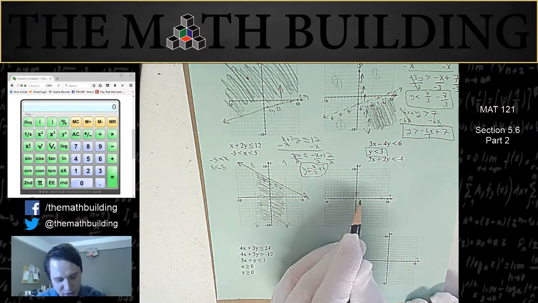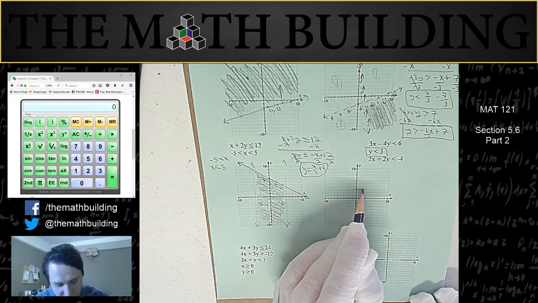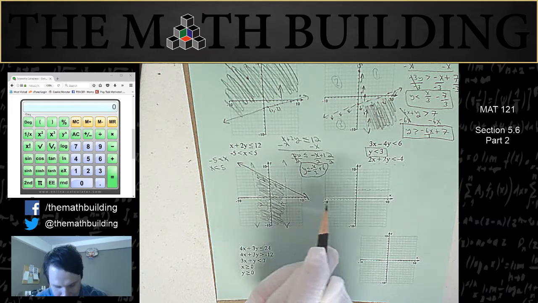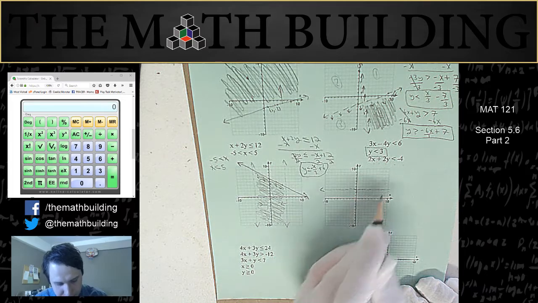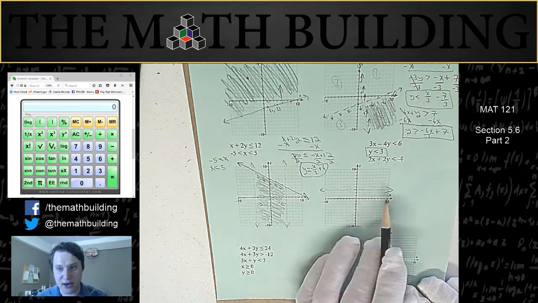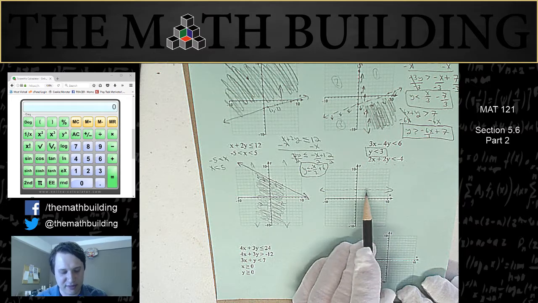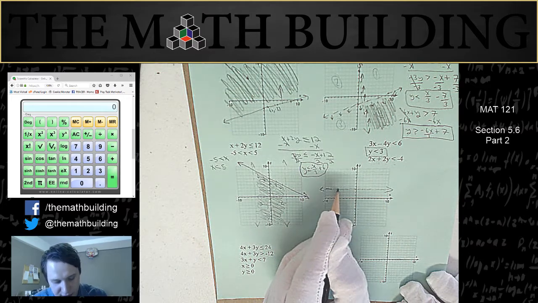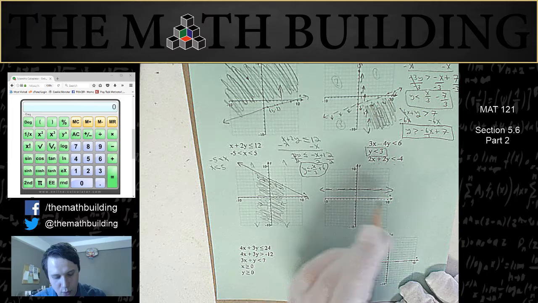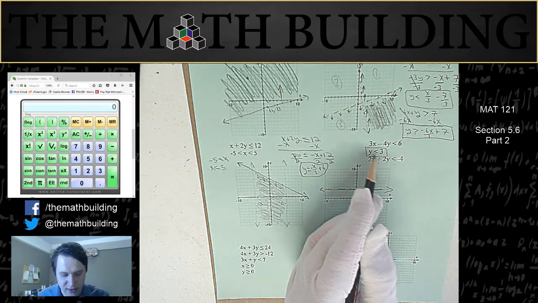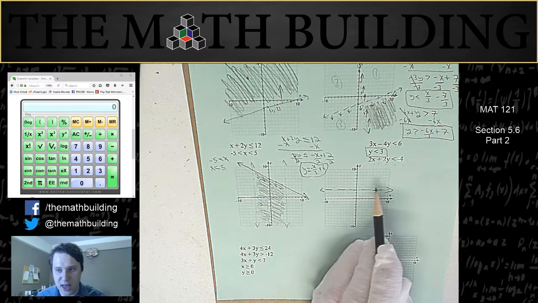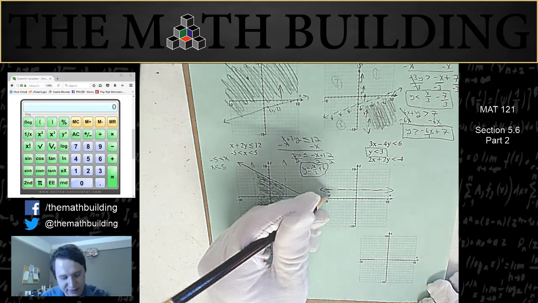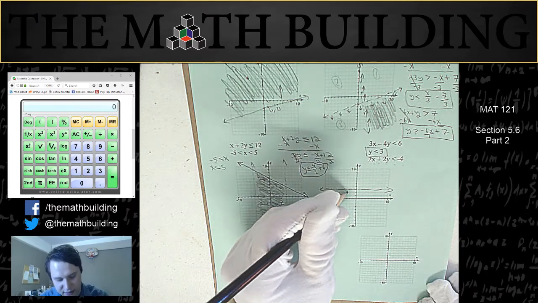So let's draw a dotted horizontal line right here. It looks kind of solid, but that's a dotted line because we do not have an equal sign, so y is not equal to 3. And y is less than this line, so we're going to shade below it.